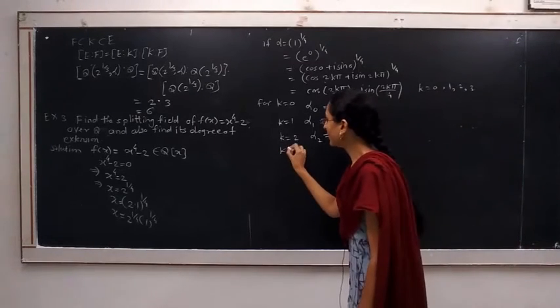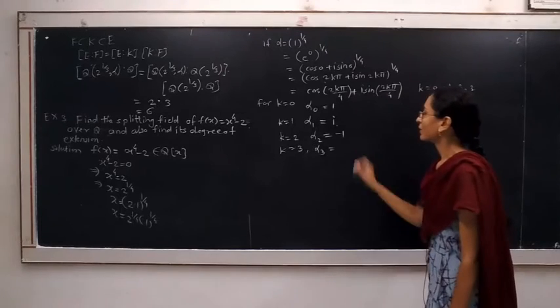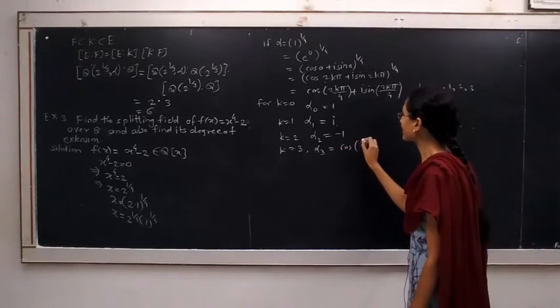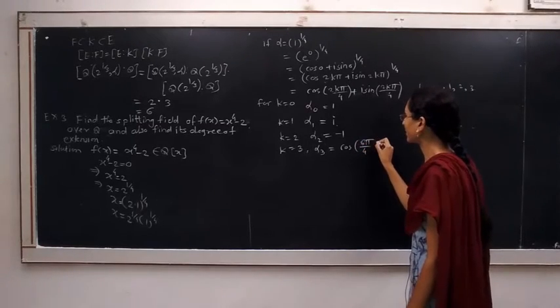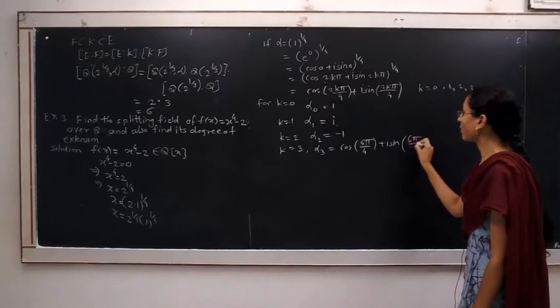For k = 3, alpha 3 is cos(6π/4) + i sin(6π/4).